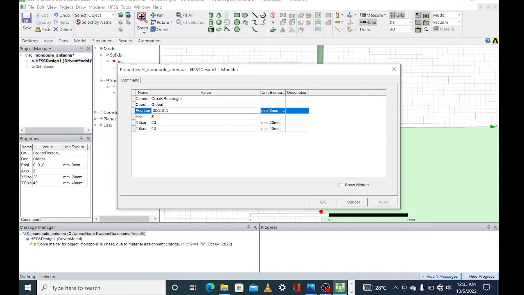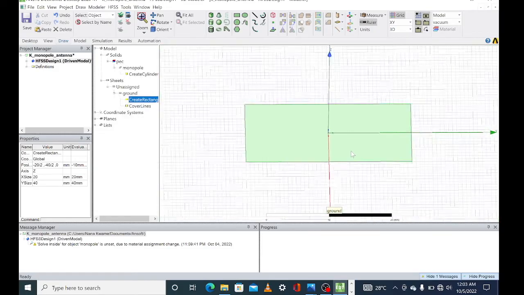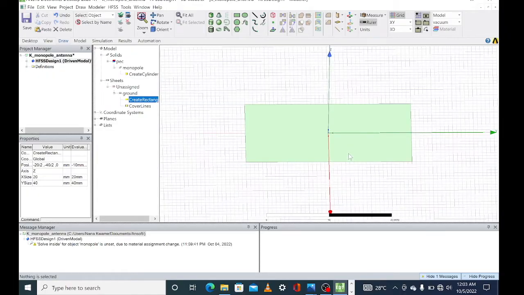Minus 20 divided by 2, minus 40 divided by 2. I think this should be okay. We have our ground now.